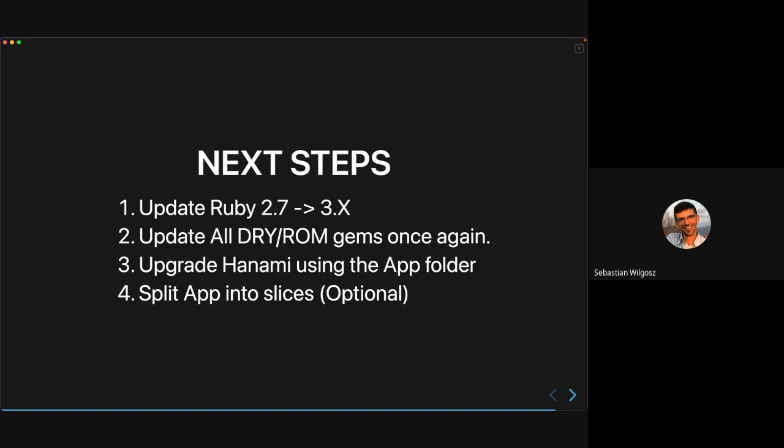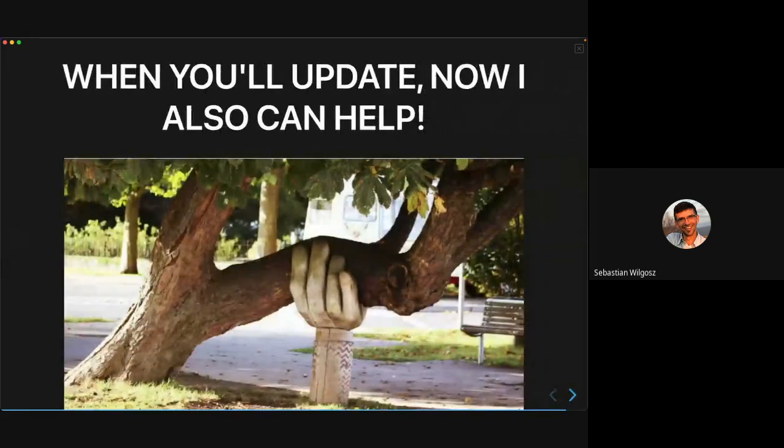Finally, after the upgrade, I will look more into architectural topics, and we'll try to organize our application better to leverage slices and make it clearer across the whole code base.